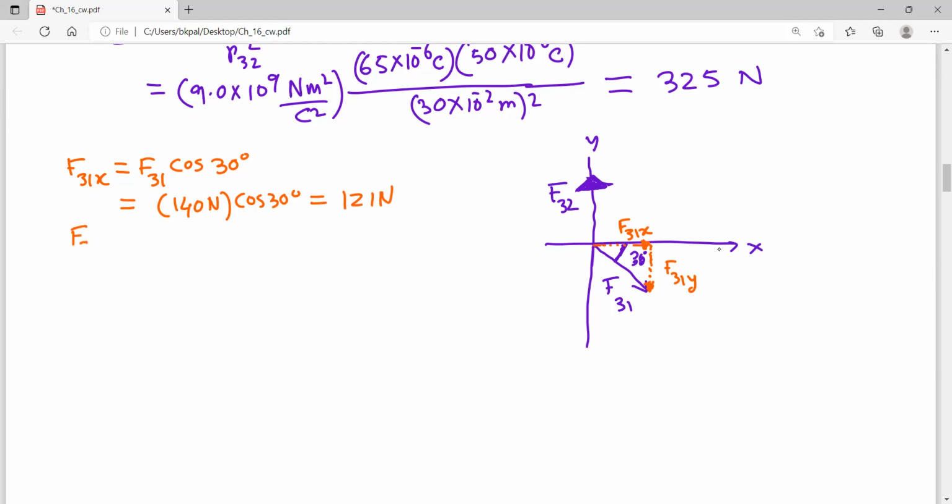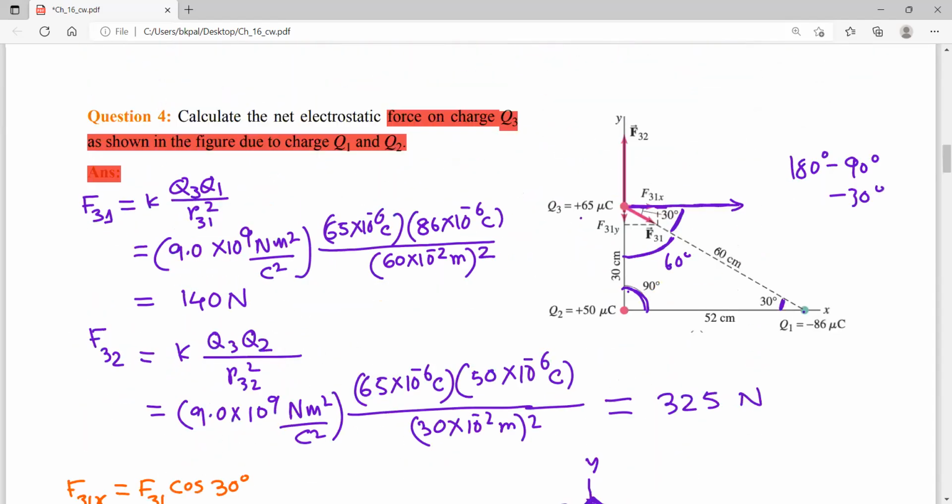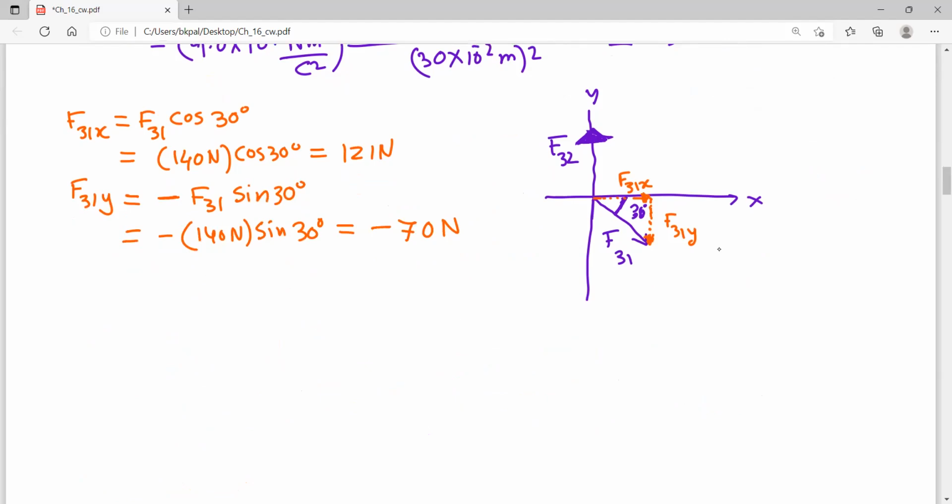Similarly, F31y will be F31 sine 30 degree. But make sure you use a negative sign because you see that F31 is downward. So 140 Newton times sine 30 degree will be negative 70 Newton. Very good.